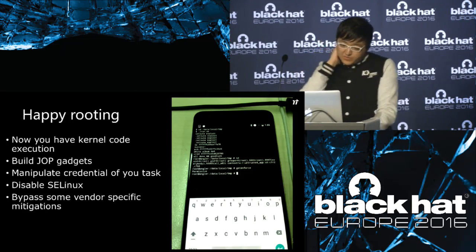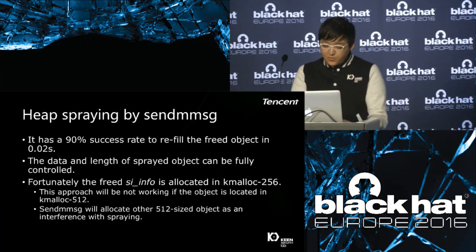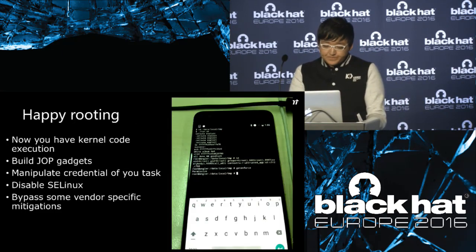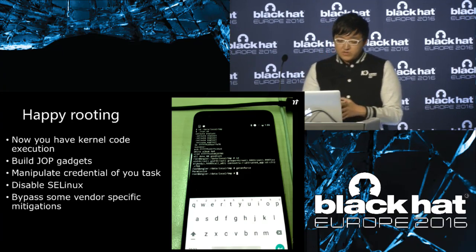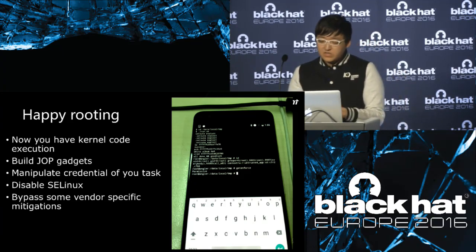So finally, with the approach we have talked about, we got kernel code execution. But after that, you still have lots of work to do. Because of the PXN restrictions, you need to build ROP gadgets to bypass the restriction and execute code in the kernel. After that, the first thing you need to do is manipulate the credentials of your attacker.